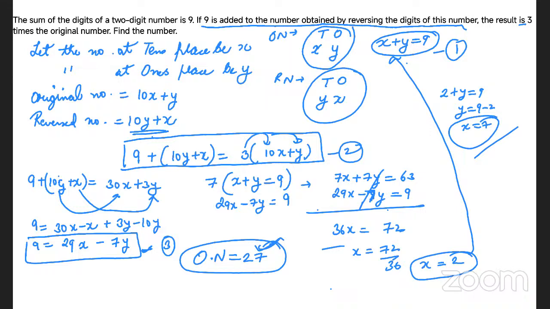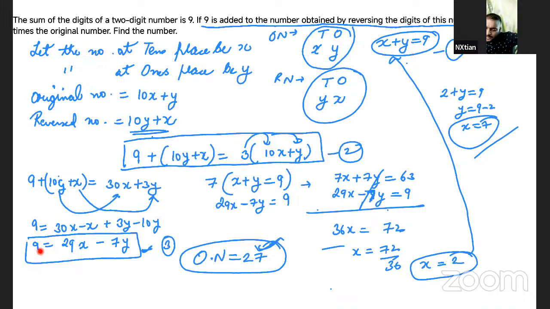Sir, I got confused after you boxed the second one, the 9 plus 10y. After that, I got confused with how you solved it. See, the plus 10y is here.